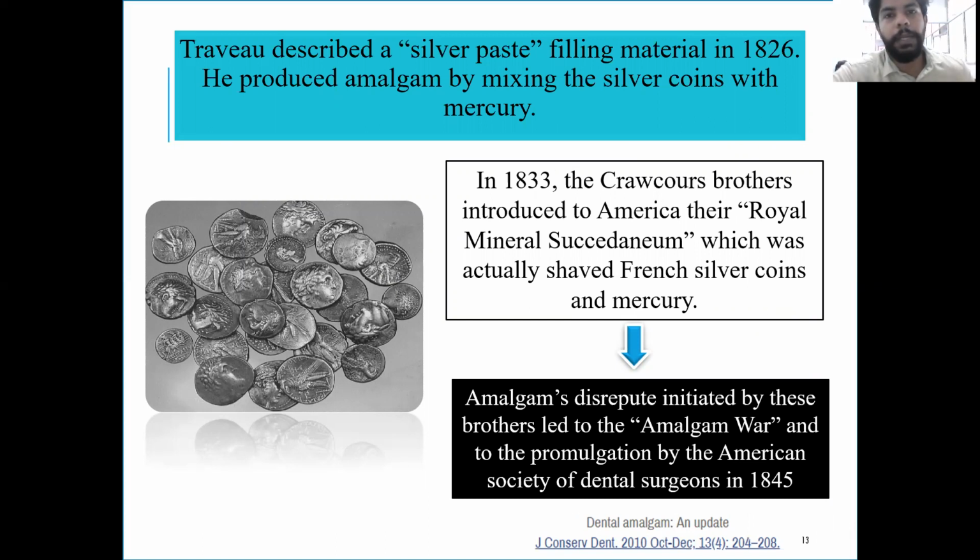He produced amalgam by mixing silver coins with mercury. In 1833, the Crawcour brothers introduced to America their Royal Mineral Succedaneum, which was actually shaved French silver coins and mercury. The dispute initiated by these brothers led to the Amalgam War and to the promulgation by the American Society of Dental Surgeons in 1845.